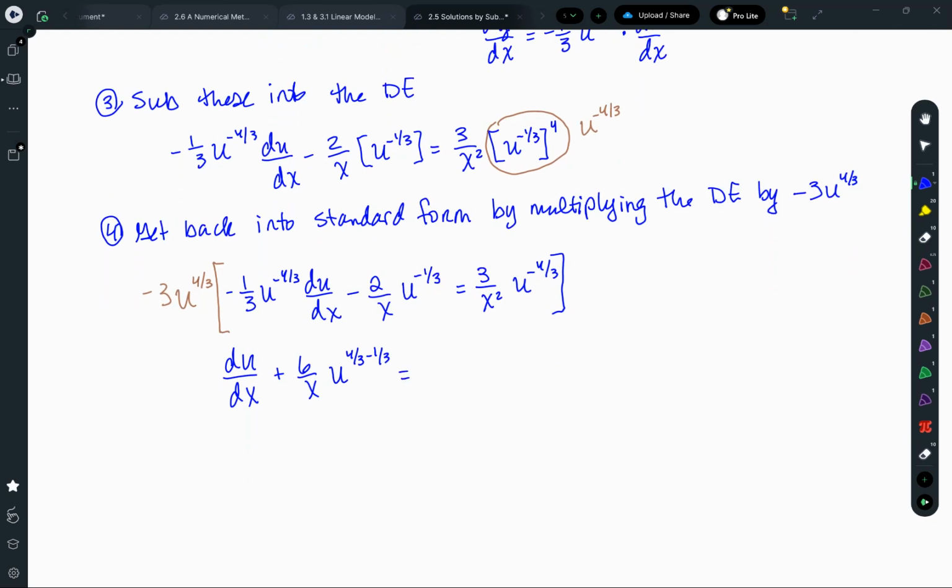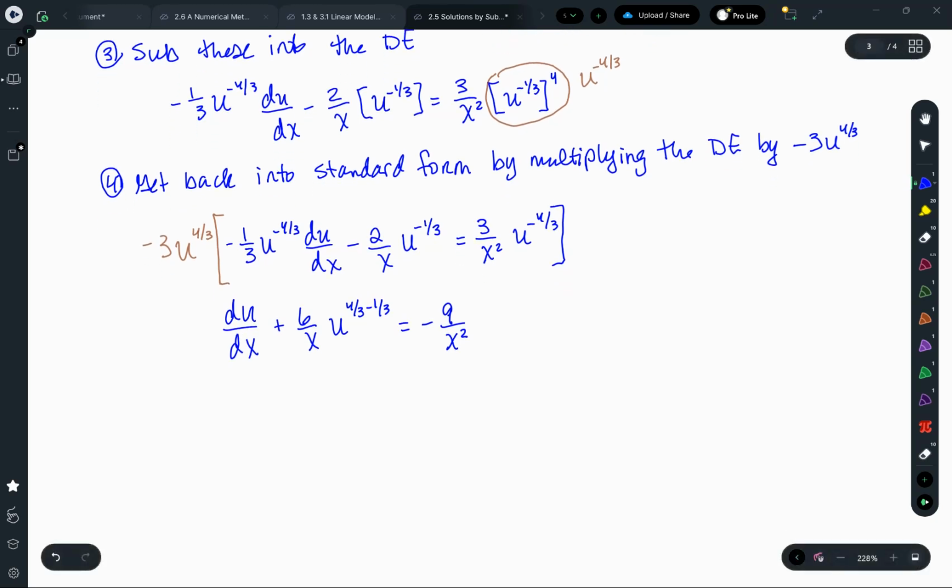Equals, when that minus 3u to the 4/3 hits the last term, the minus 3 and the positive 3 become a minus 9 over x squared, and then I have the u to the 4/3 times the u to the negative 4/3, which is u to the 0, and that's 1. So the only thing left for us to simplify is the u to the 4/3 minus 1/3. Well, 4/3 minus 1/3 is 3/3, which is just 1. Okay, so it's just u at that point.